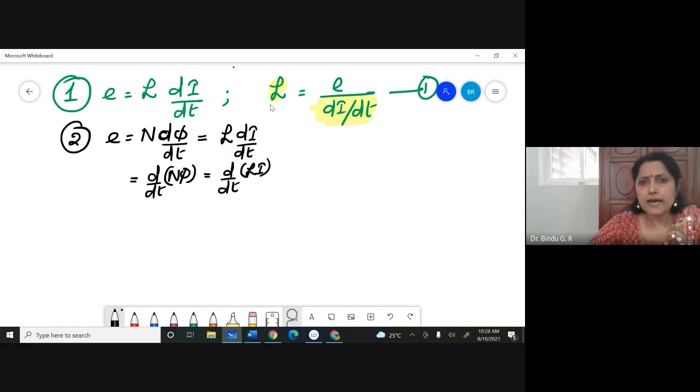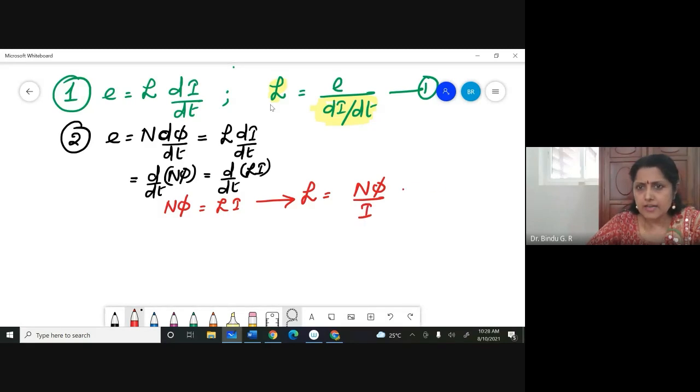I can correlate each other and say N phi is equal to Li, or I get L is equal to N phi by I. Equation 2. Another expression for L.